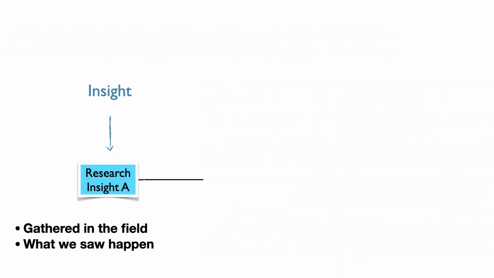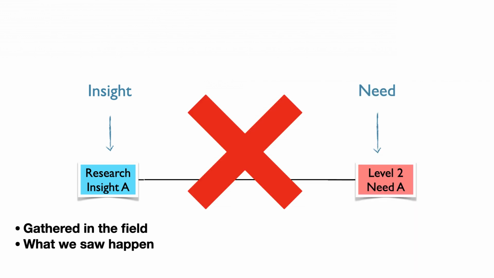So if you think of it kind of graphically, on the left-hand side of this page, you can see that we start with the insight that we gathered in the field, the thing that we saw happen. And the temptation, of course, is to try and jump straight to, I know what they need. But there are a couple of steps in between.